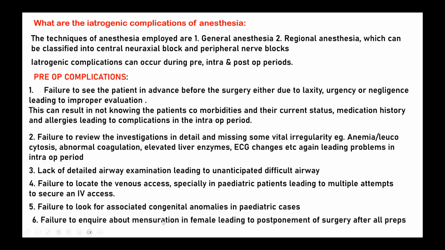And in female patients, especially those in the reproductive age, always ask for the due date for menstruation, especially in elective surgeries, so that sometimes the surgeries are postponed, not because the patient will have any coagulation or bleeding problem, but it may cause more discomfort to the patient if they have their menstrual cycle and abdominal surgery together. So this is another thing which we have to take into consideration.